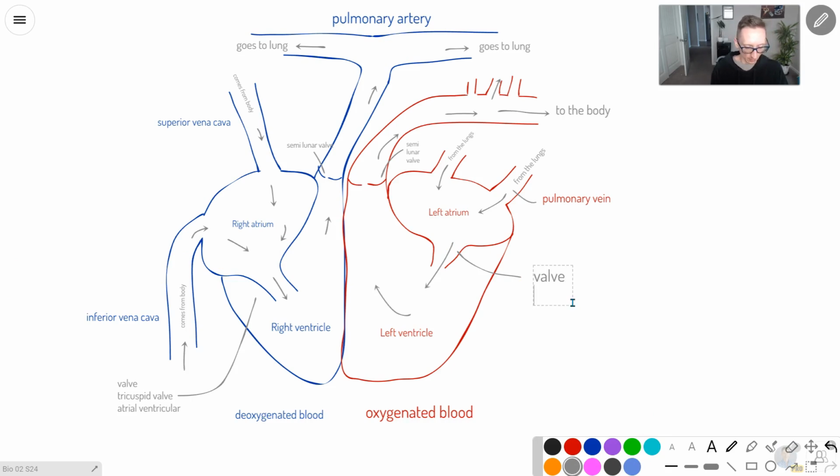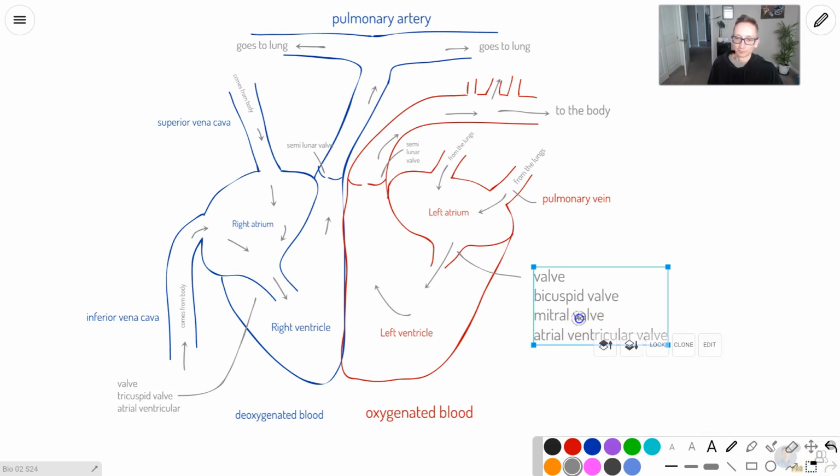It is your bicuspid valve. Your mitral valve, or also your left atrial ventricular valve. That one's got 4 names you could call it. It's called the mitral valve because it kind of looks like a Pope's hat, if you want to know. It's pretty interesting.